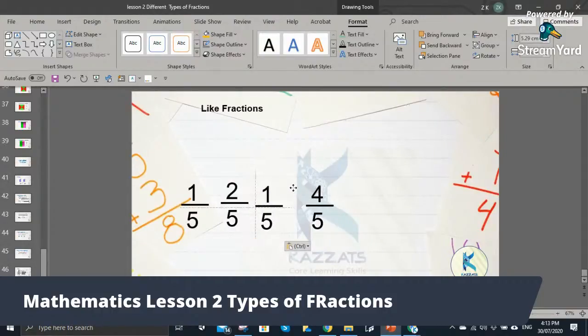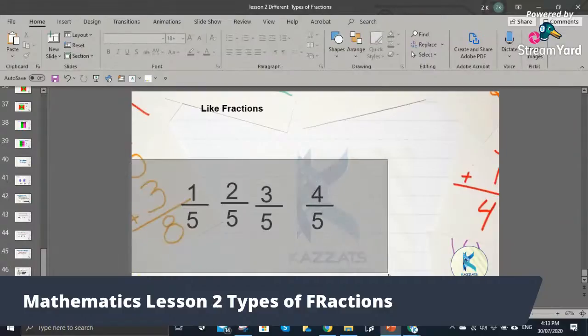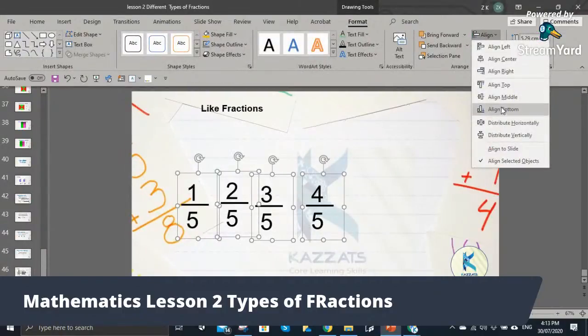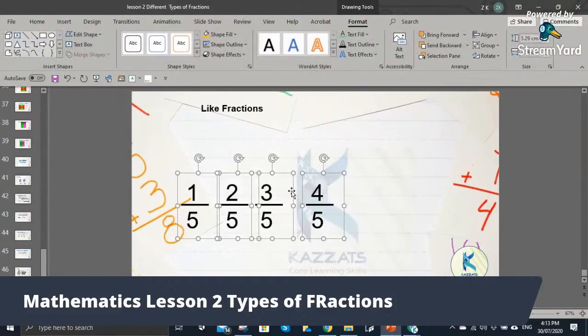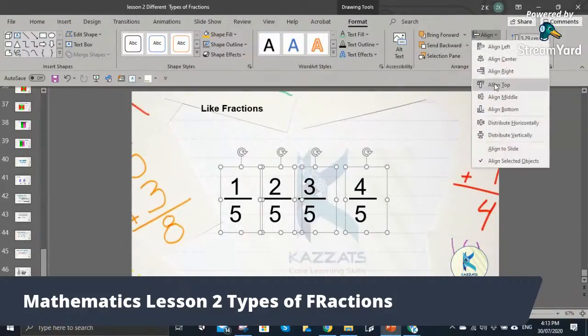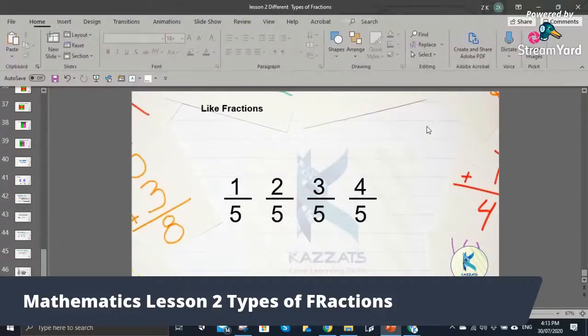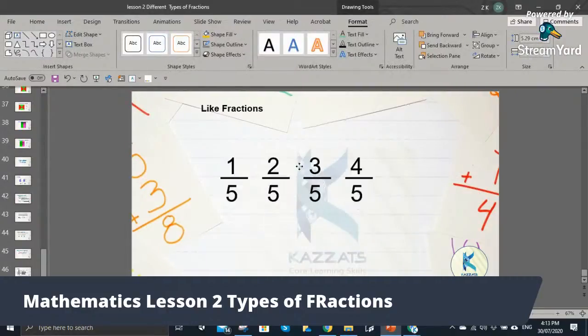Whatever your numerator is, we are not talking about that. We are just talking about the denominator: in 1 over 5, 2 over 5, 3 over 5, 4 over 5, in all the fractions we have the same denominator. So this is an example of like fractions. Clear?